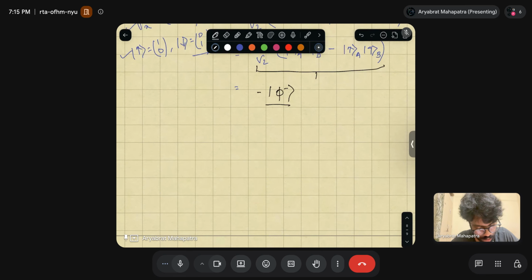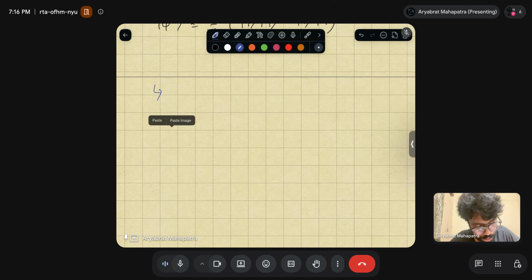So as I said, we were in the second step. If she measures sigma x on chi minus, she gets this phi minus state. If Alice does the same thing with sigma y, you can do the same calculation back again.